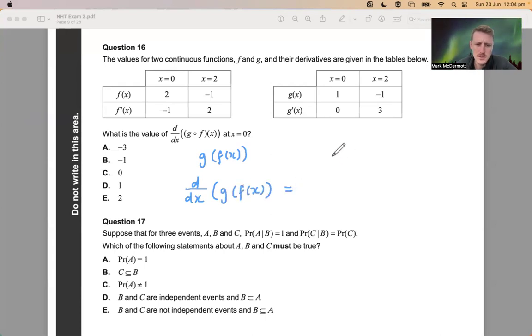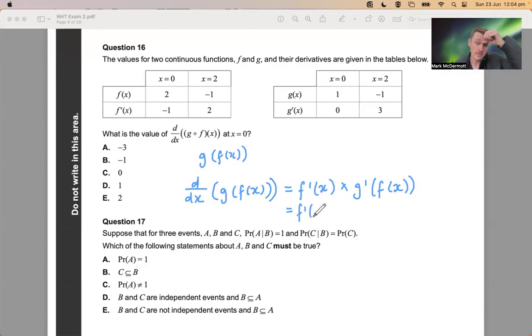Okay, so you got to apply the chain rule because you got a composition of functions. I need 3 brackets there. So you got to take the derivative of the inside function. So it's f dash of x multiplied by g dash of f of x. Okay, and so now we just need to know f dash of 0.